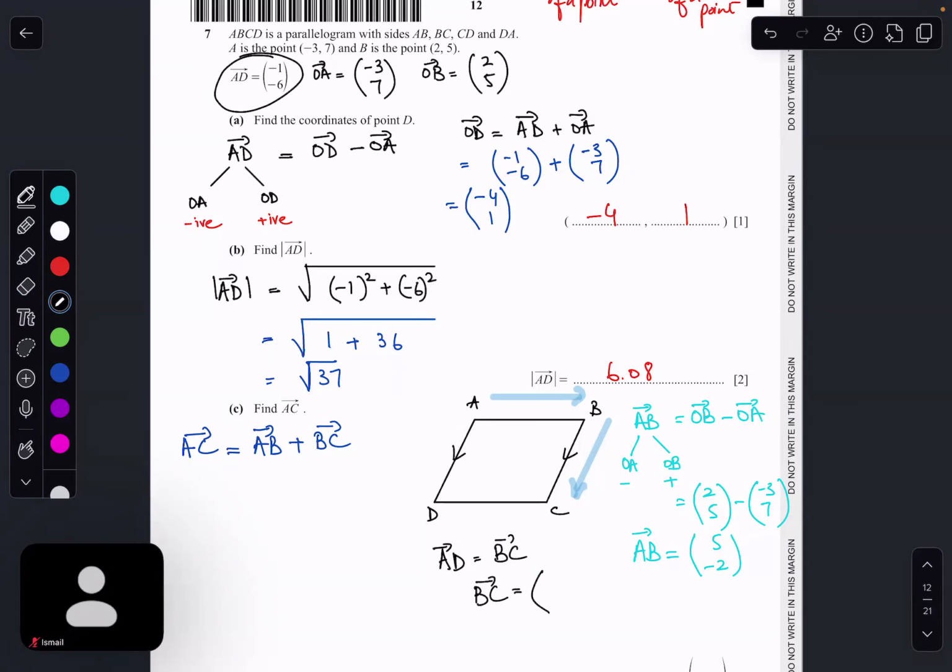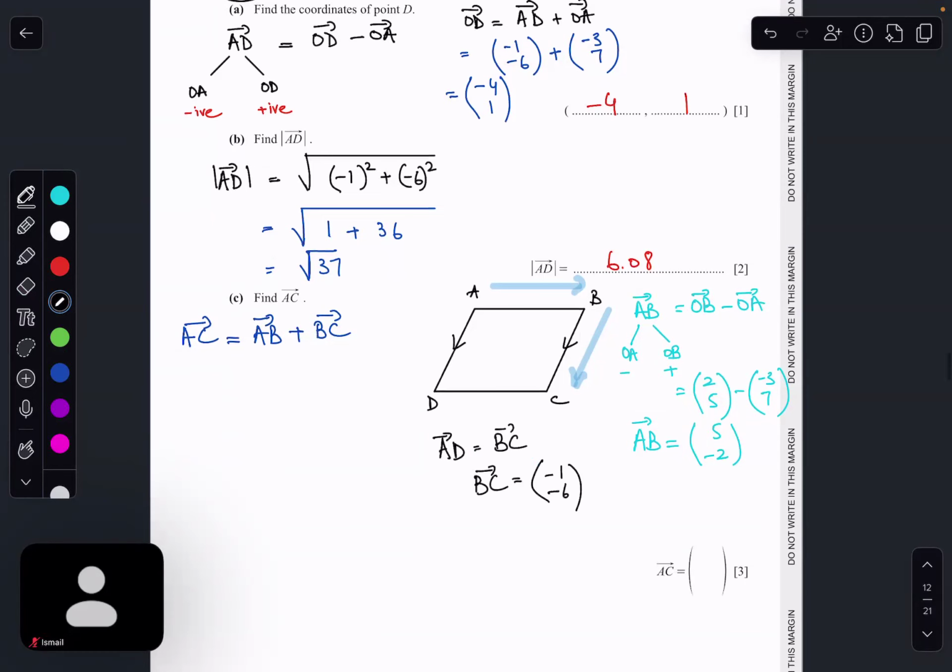It's the same as AD, (-1, -6). I'm going to use both of these. AB is (5, -2), BC is (-1, -6). Add them together. We have (4, -8). That's your answer.